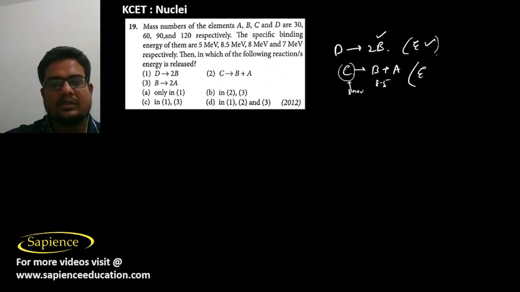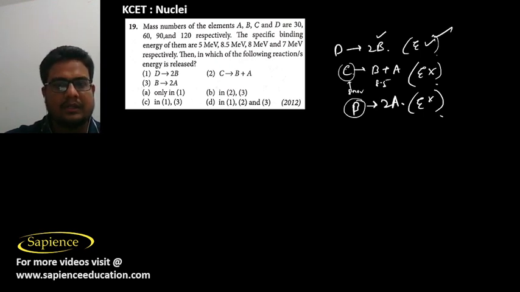So here energy is not released. And when it goes from B to 2A, more stable cannot go to less stable. So here also energy is not released. So only in the first one energy is released. So option A is the correct one.